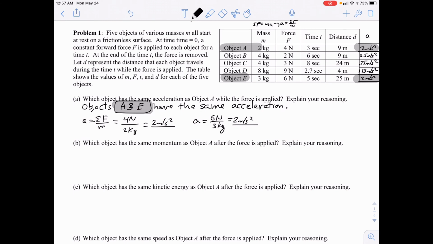Part B. Which object has the same momentum as object A after the force is applied? Well, what do we call a momentum applied during which the force is applied? Well, this, ladies and gentlemen, is a change in momentum or an impulse.